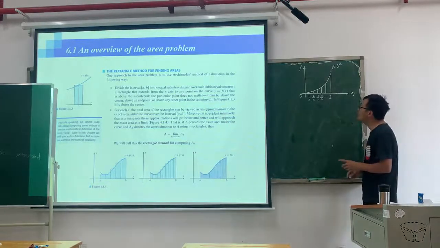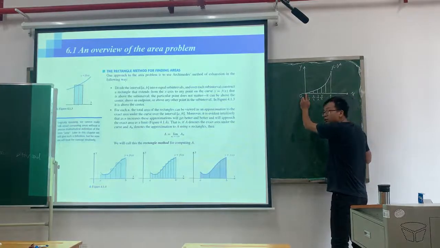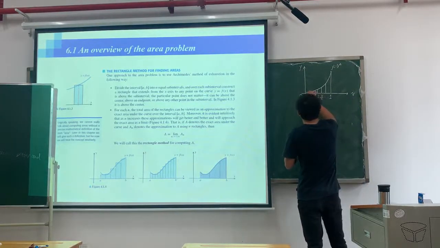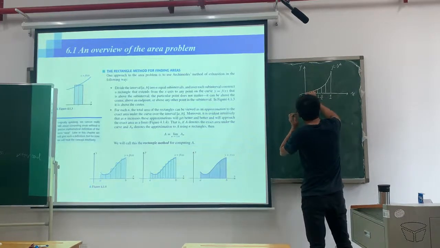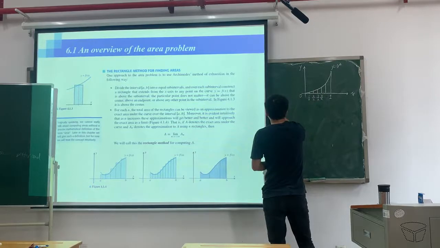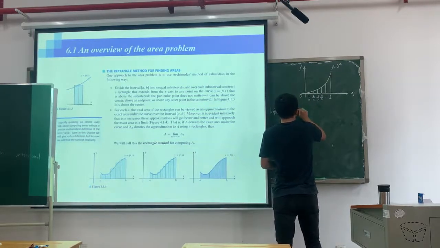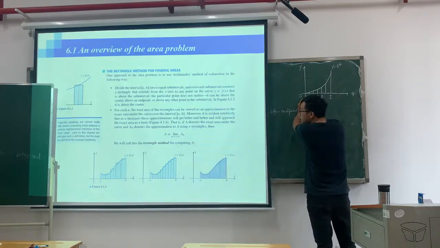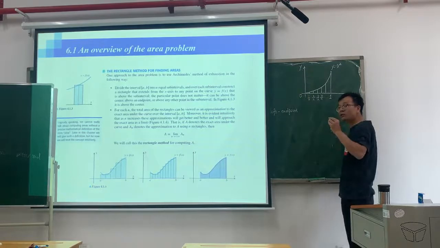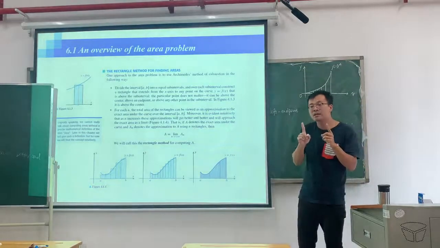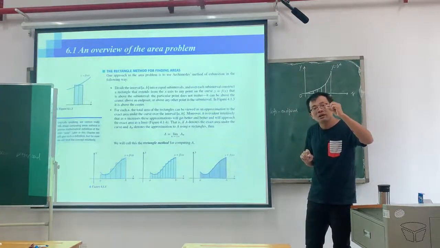For the first rectangle, we choose the left endpoint, which is 0. So the first rectangle has width 1 by n, and its height is 0.